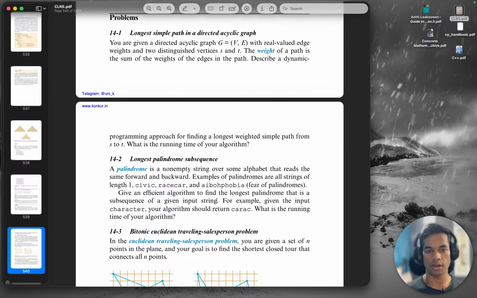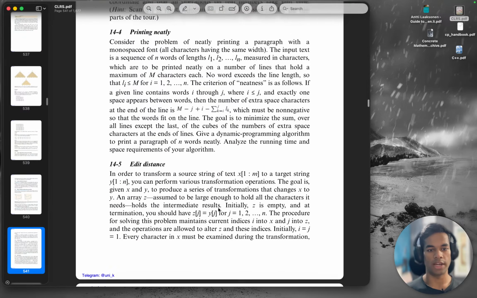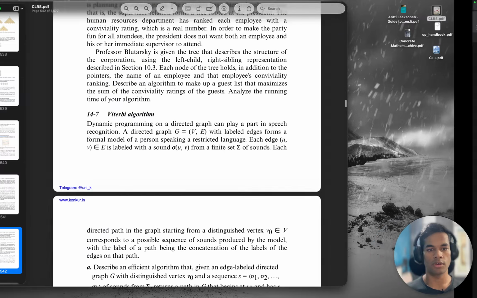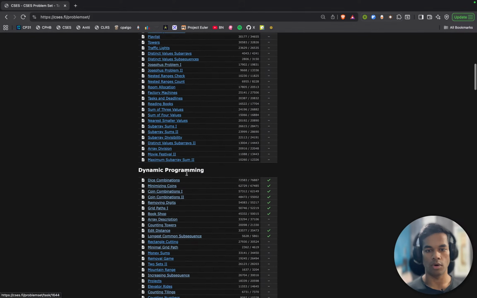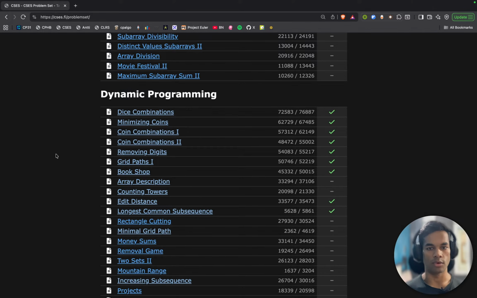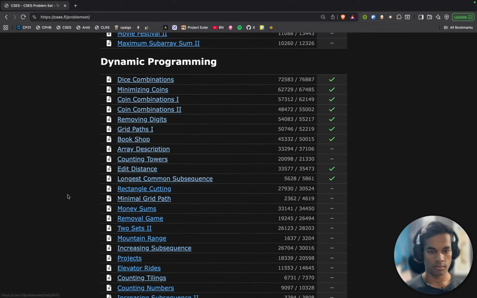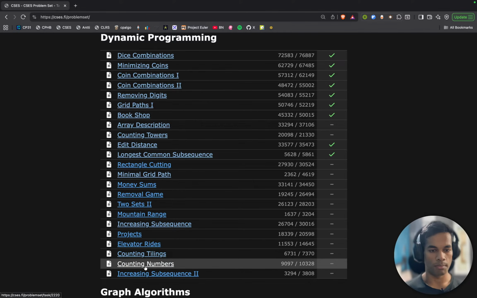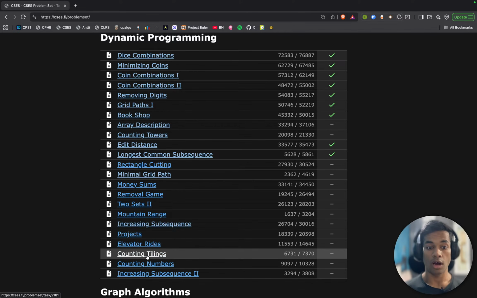And yes, when we are done with this whole dynamic programming thing from CLRS book, then we will go through all the dynamic programming questions in this CACS. So that would be cool. Palindrome. Okay, so there is no palindrome question here. Counting tiles.